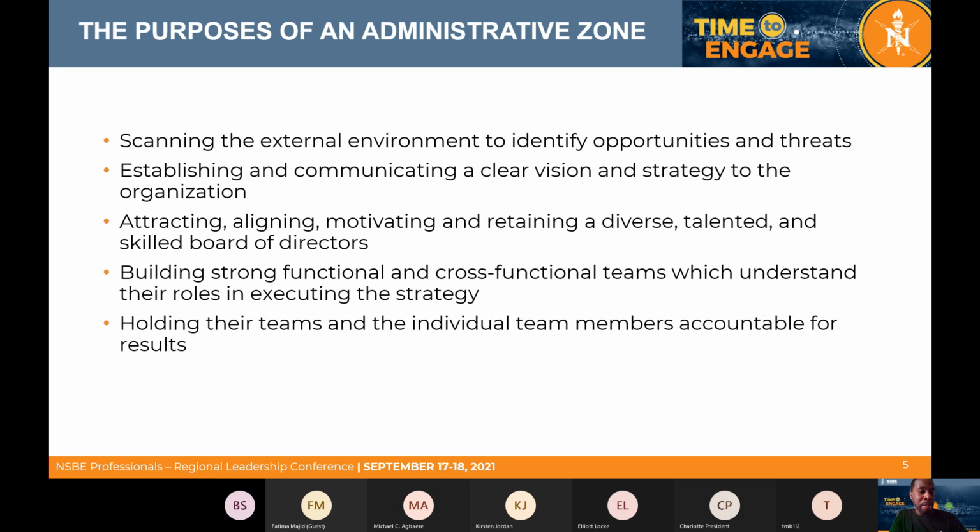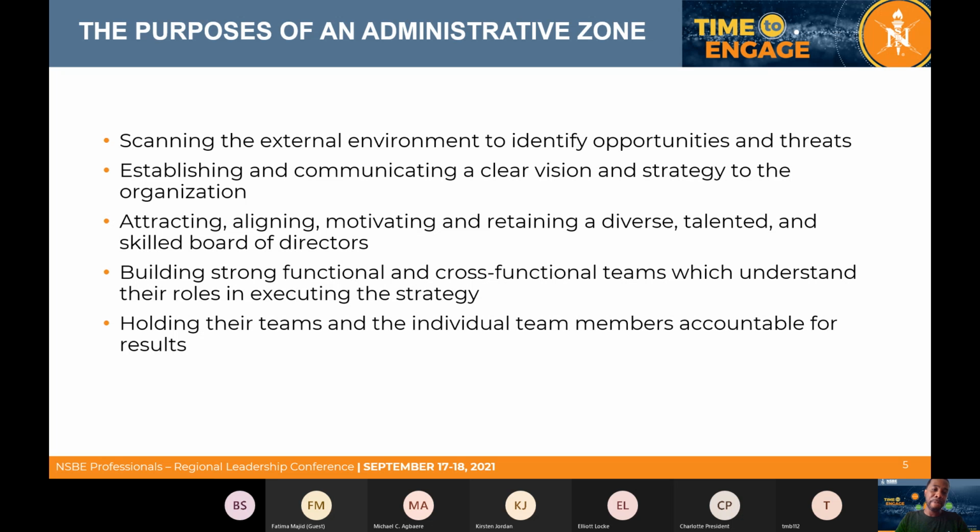So why do we have an admin zone? As an admin zone, you're responsible for scanning the external environment, keeping an eye out for opportunities and threats. So opportunities to improve your chapter and anything that threatens the success of your chapter. You're kind of the gatekeepers. You're responsible for establishing and communicating a clear vision and strategy to the chapter.